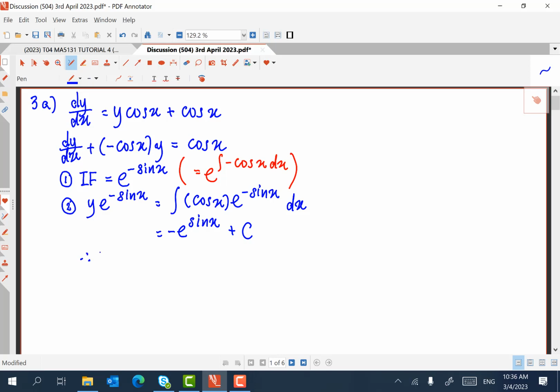So therefore, your y is equals to minus 1 plus c e to the sine x. Right, this is actually 3a. So doing by the integrating factor method, you get this 3a.